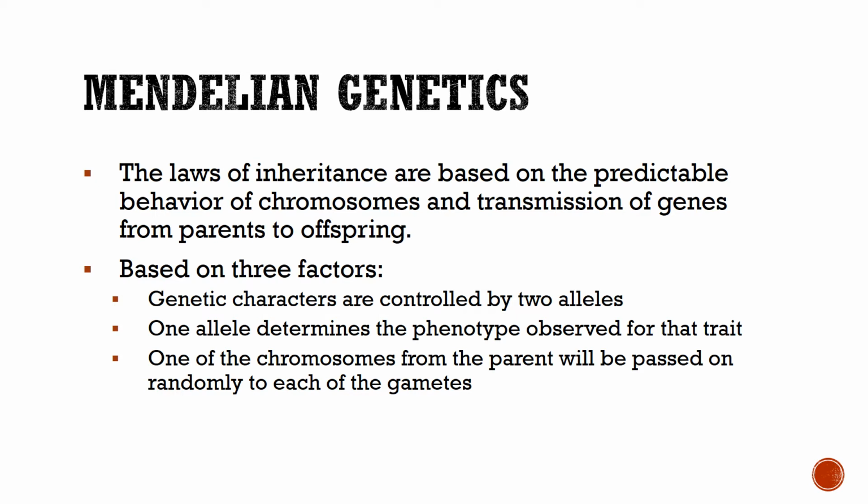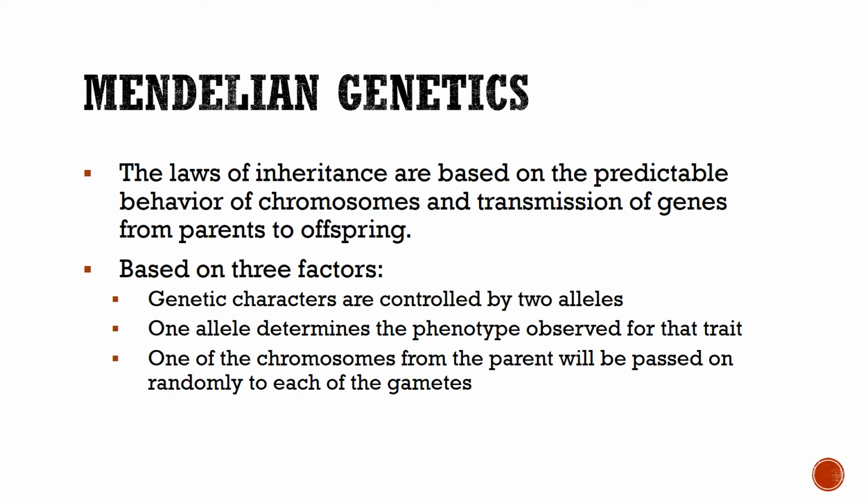We really look to him as the grandfather of how we breed plants and livestock because of what we call the laws of inheritance, and the predictability of how chromosomes transmit those genes from parents to offspring. That's really important in terms of how we breed plants today.